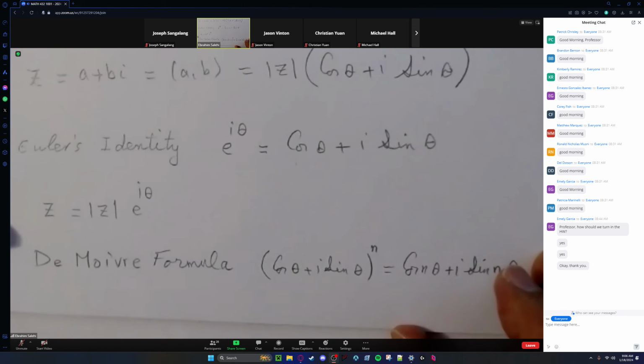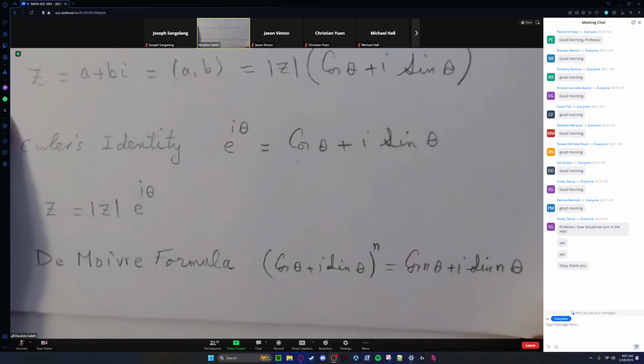That's application number 1 for Euler's formula. Now, here is application number 2.